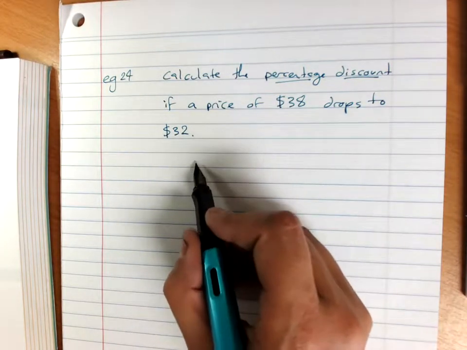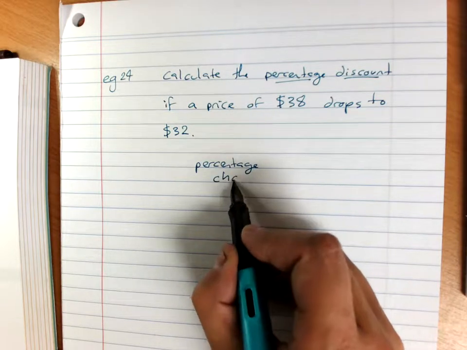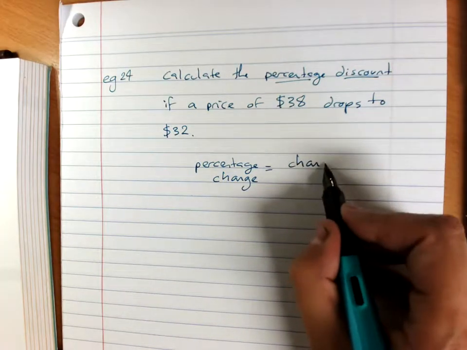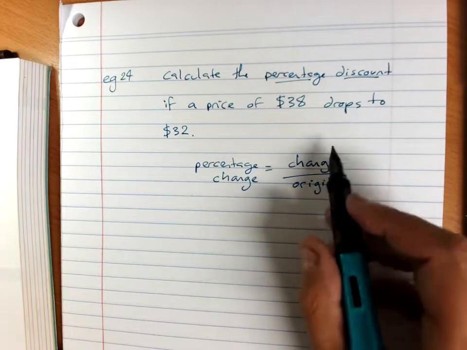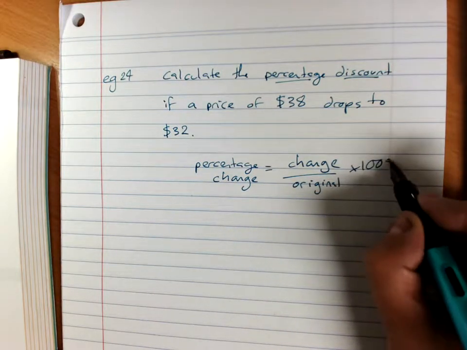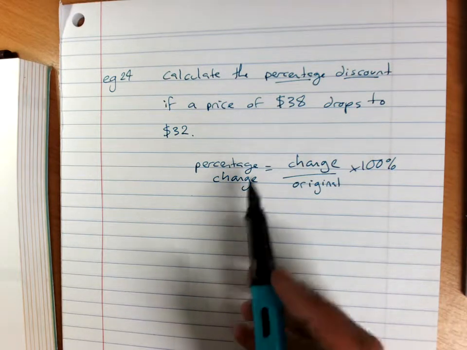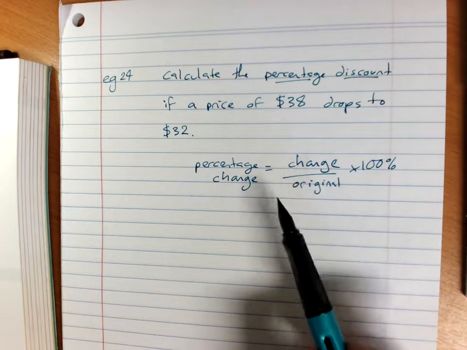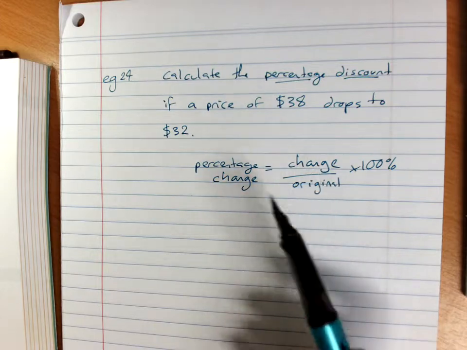So your percentage change is the change over the original, so that gets you the fraction, times 100% to get it to be a percentage. So discount is the discount over the original, and increase is the increase over the original.